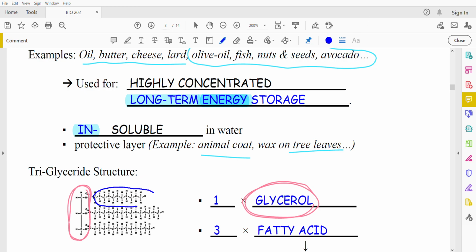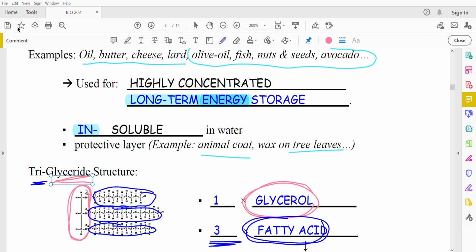You'll notice these carbon atoms again that are connected to each other. So three fatty acid chains attached to a single glycerol made up our triglyceride structure, which we have described here. That's the structure to be aware of when we talk about triglycerides.